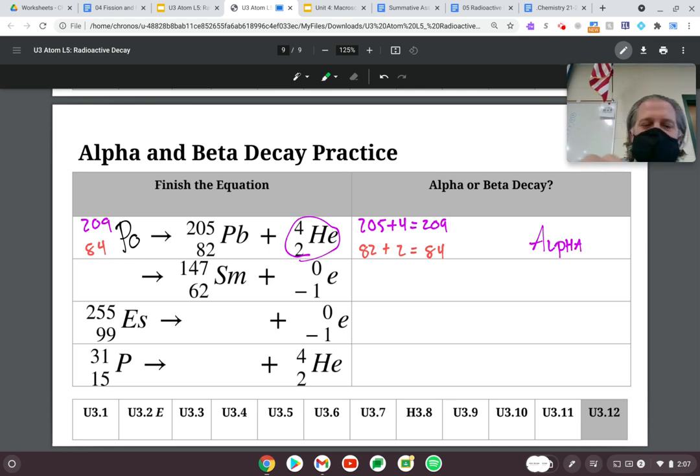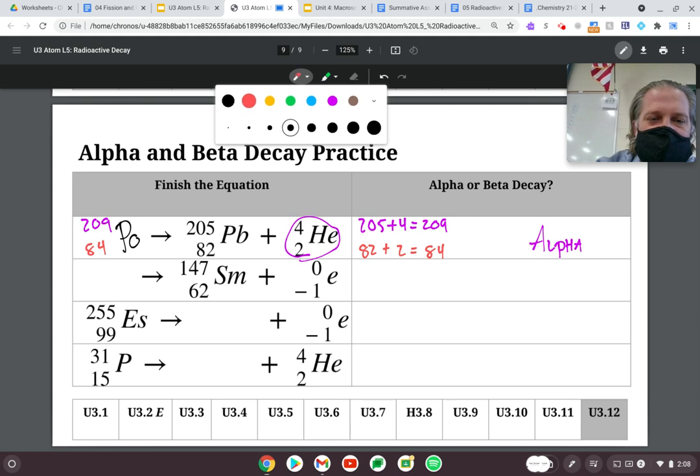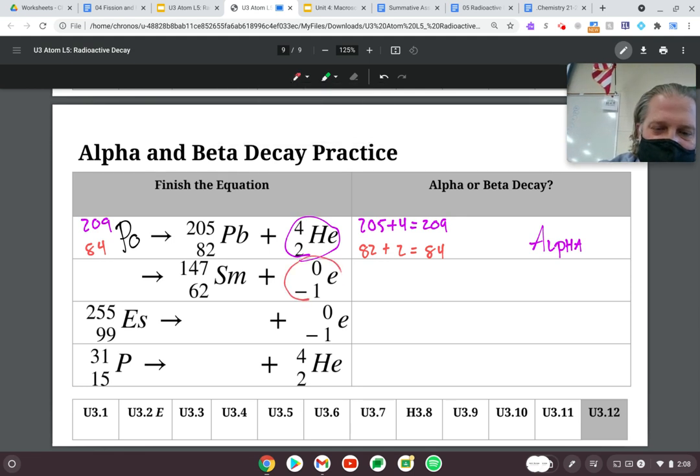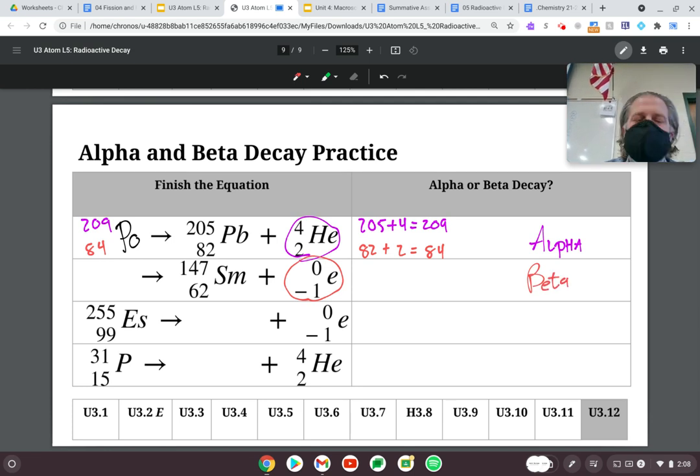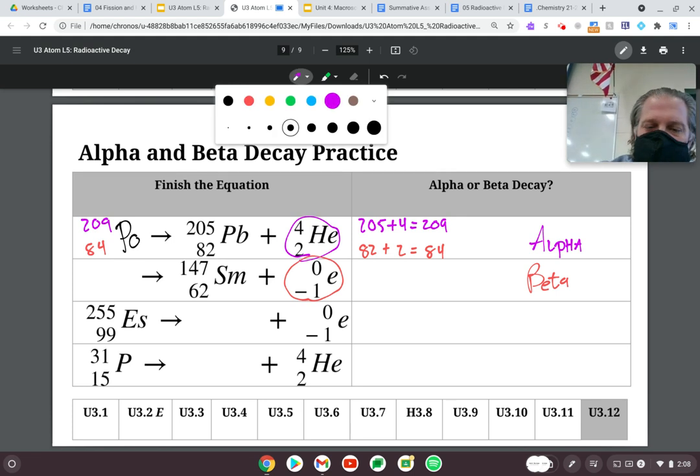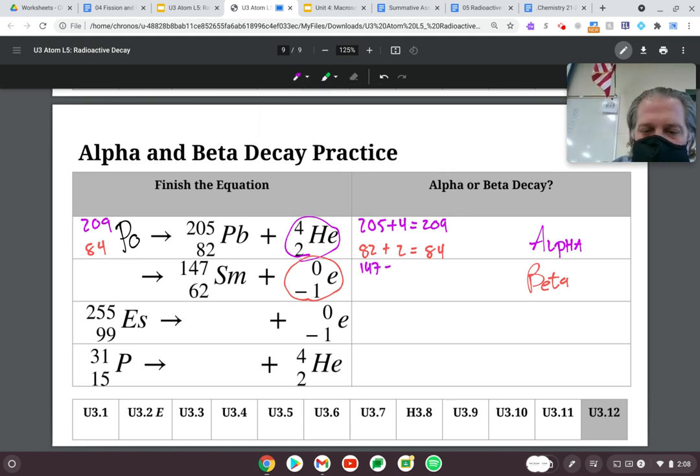Our next one is beta decay. I know it's beta decay because I see the electron present. So that tells me it's beta decay. Now, again, our numbers have to add up on both sides. So in this case, 147 plus 0 has to equal 147. So on the left side, I need a mass number of 147.